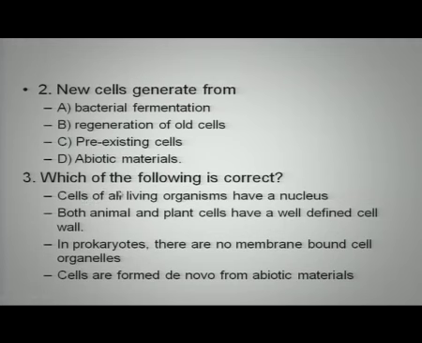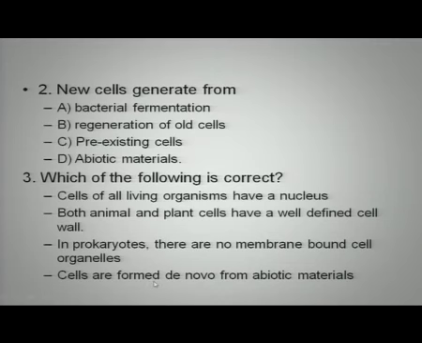Now, here is your third question. Which of the following is correct? Cells of all living organisms have a nucleus. Both animal and plant cells have a well defined cell wall. In prokaryotes, there are no membrane bound cell organelles.